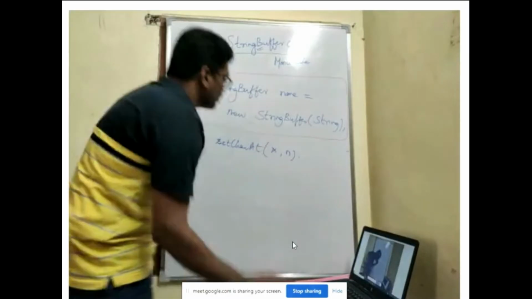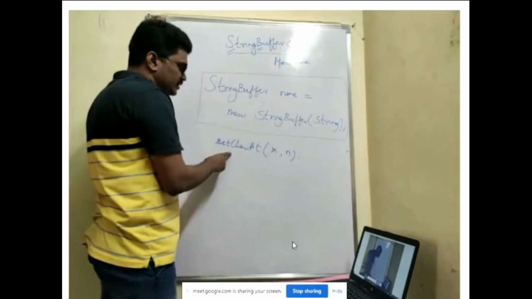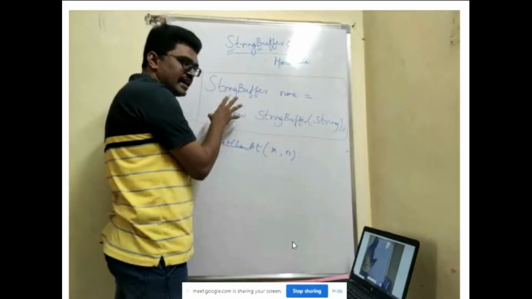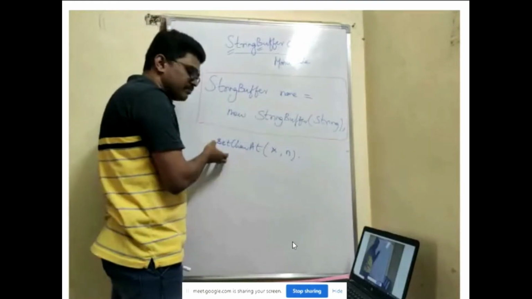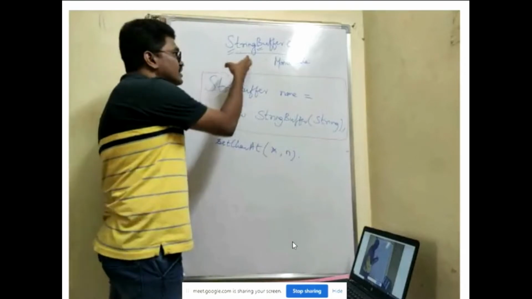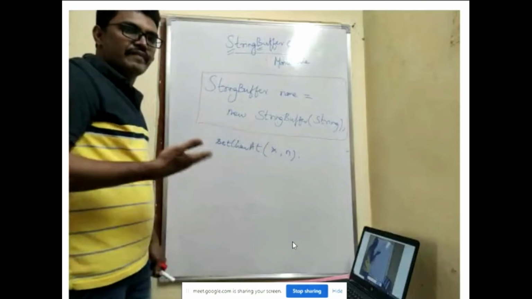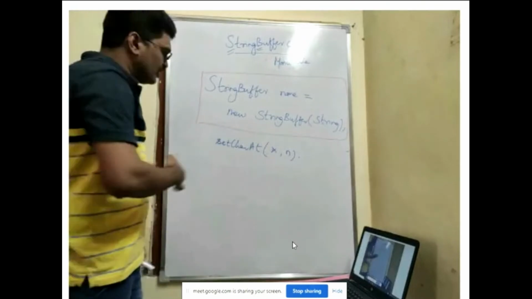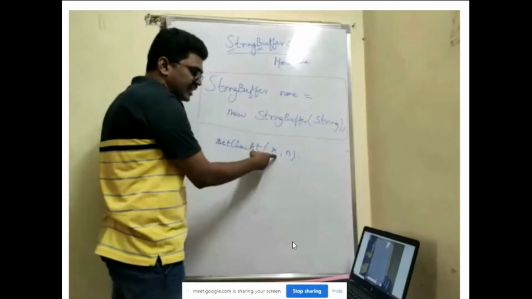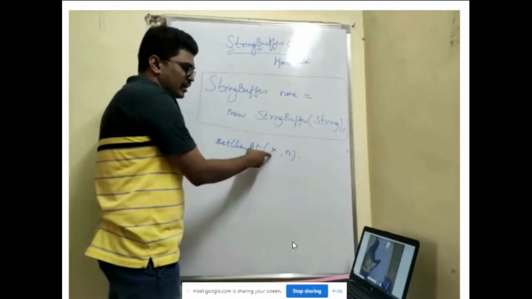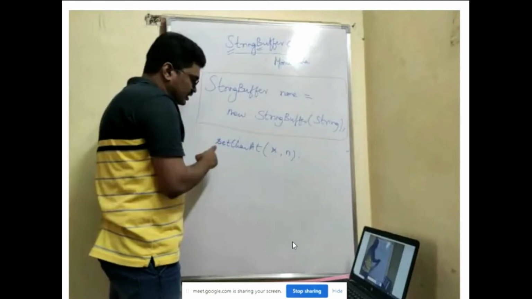The same methods which you used for the String class will work here. Other than that, there are some methods specific to the StringBuffer class. Since the class is mutable, whatever changes you make are reflected, so you can change the character at a particular position. That is why you have the method setCharAt.